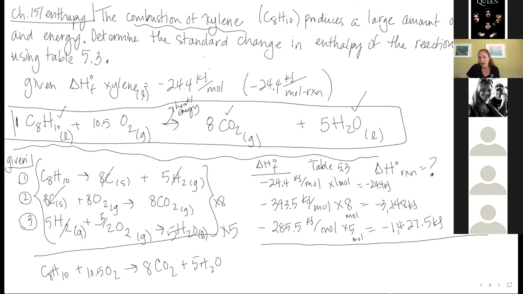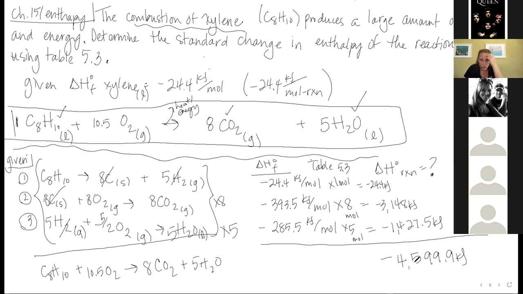And then I'm going to add up all of these, which, as many of you said, gives me negative 4,500 and, I think I got negative 5,599.9 kilojoules, which is just a little bit higher than what some other people got.